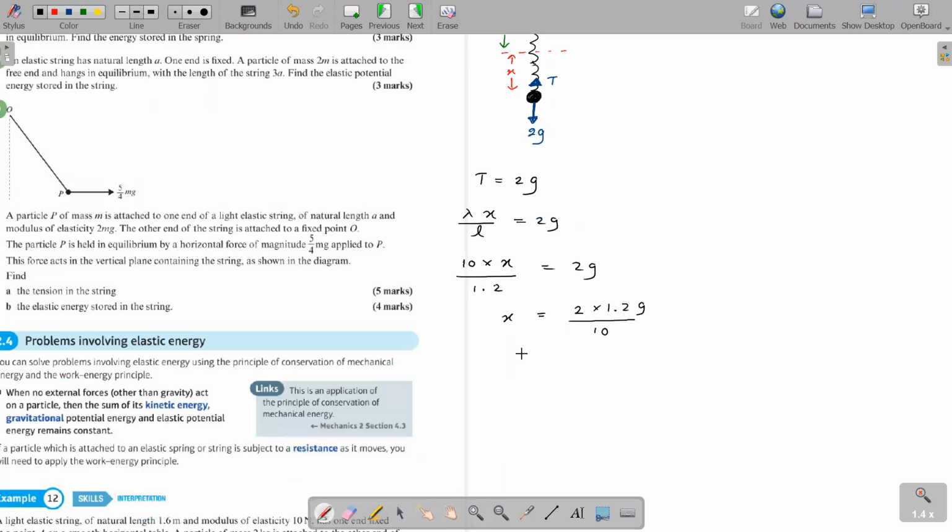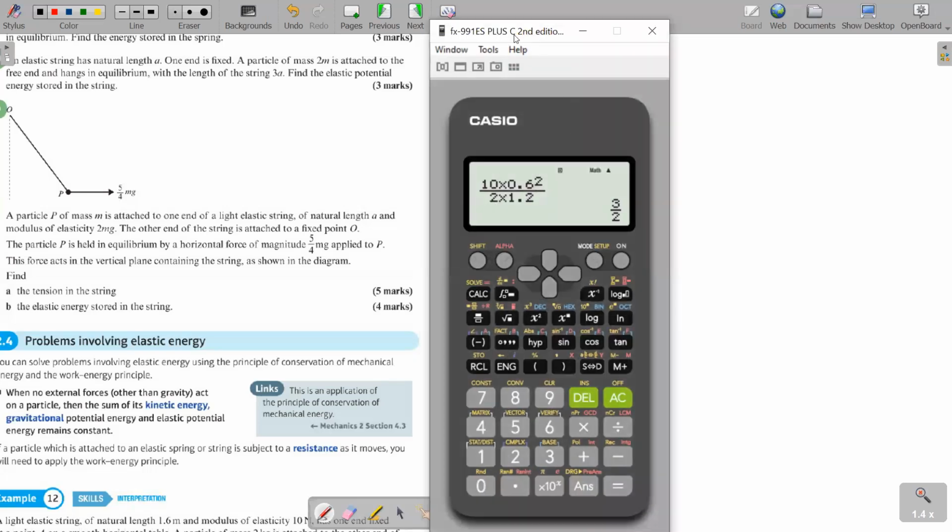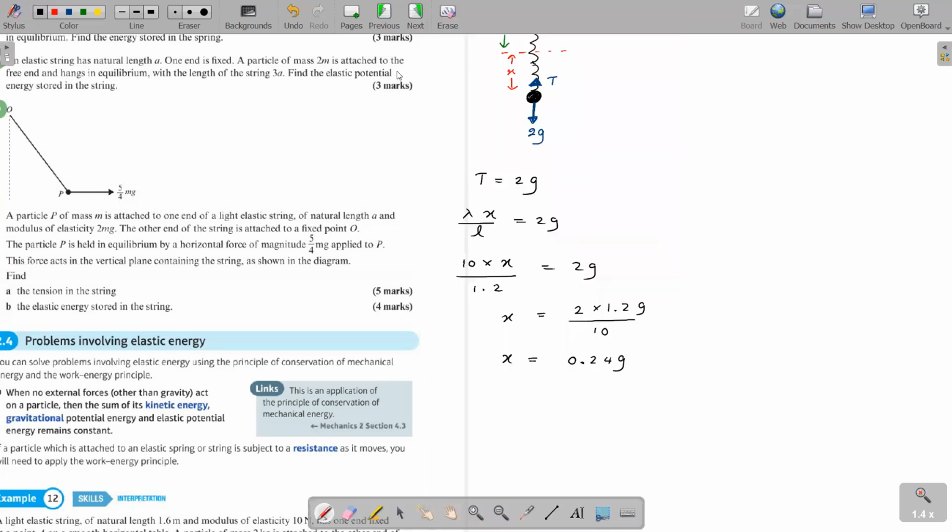How much is the x value? Let's get it in terms of g because it's not a final answer. 2 into 1.2, that is 2.4. 2.4 divided by 10 is 0.24g. Do you agree with me?